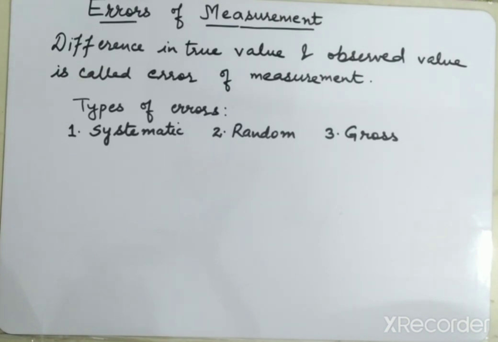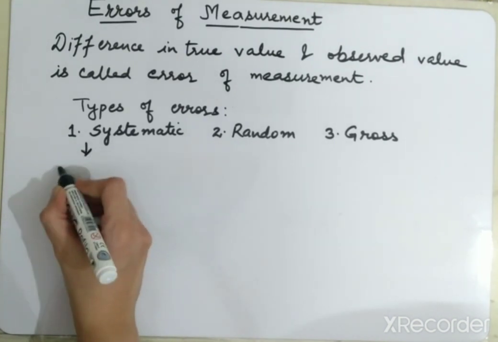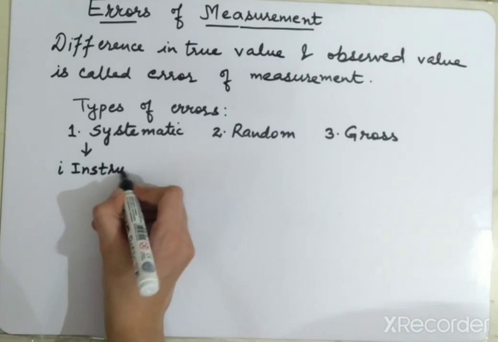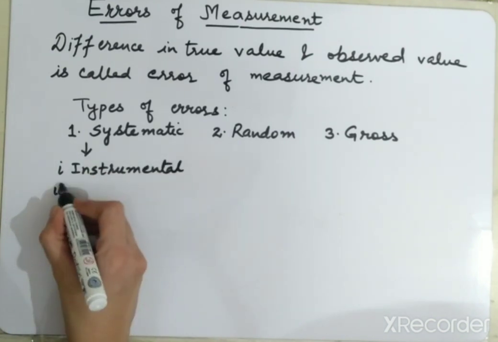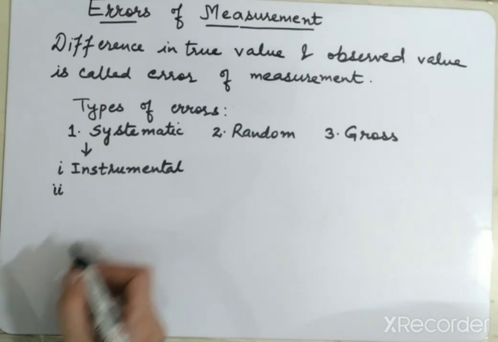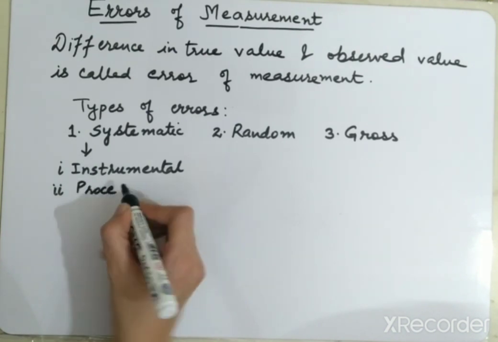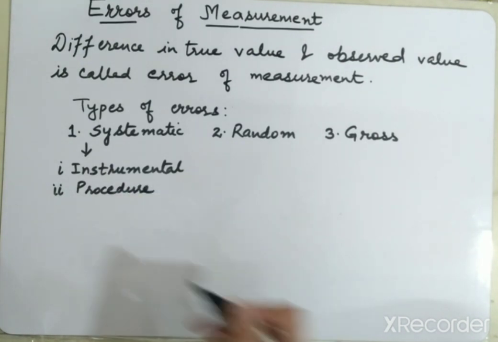Some of the sources of systematic errors are instrumental errors, imperfection in experimental technique, that is, the procedure of taking the observation.